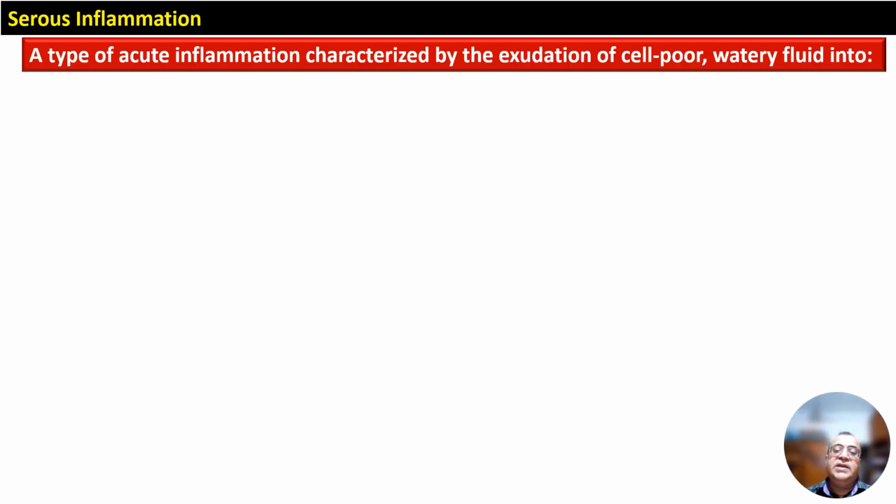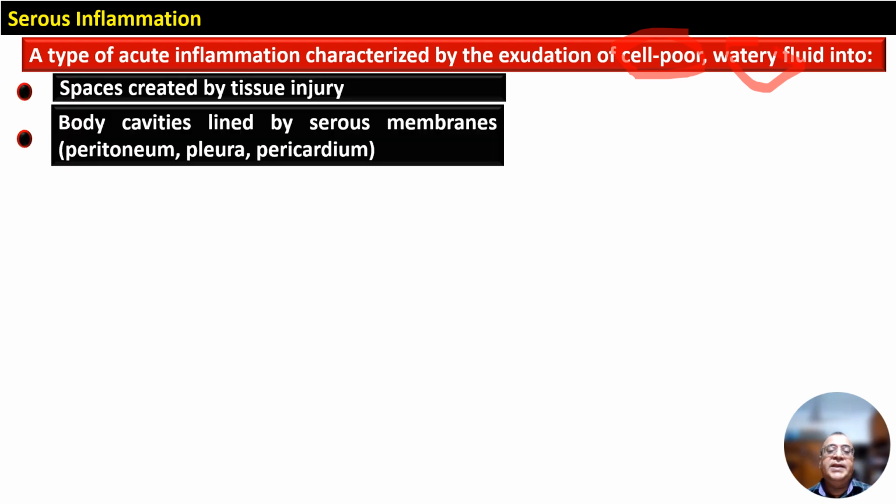Serous inflammation is a type of inflammation characterized by the exudation of watery fluid that accumulates in spaces created by tissue injury or in body cavities that are lined by serous membranes.